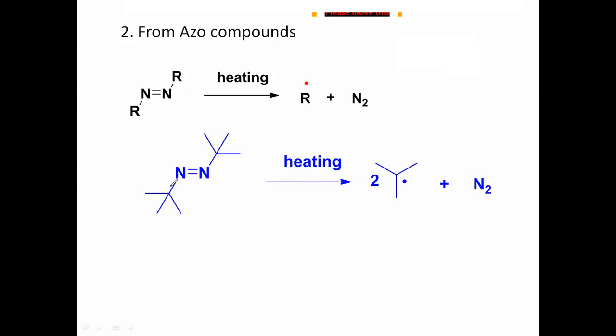This bond undergoes homolysis, this bond also undergoes homolysis, and the tertiary butyl radical will form, and nitrogen gas also evolves in this reaction. So these azo compounds undergo homolytic cleavage, and they form a variety of free radicals. Okay.